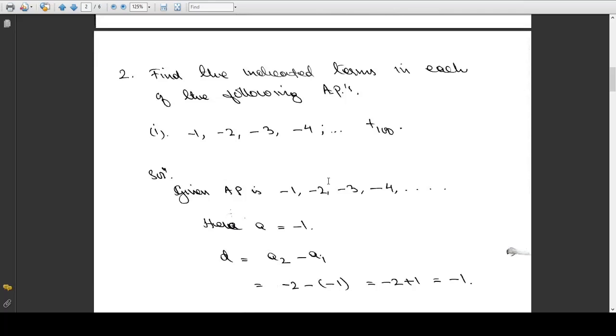The common difference is the difference between any two consecutive terms. If you take the first and second, minus 2 minus the first term, which is minus 1, minus 2 plus 1, because minus minus is plus, minus 2 plus 1 is minus 1.